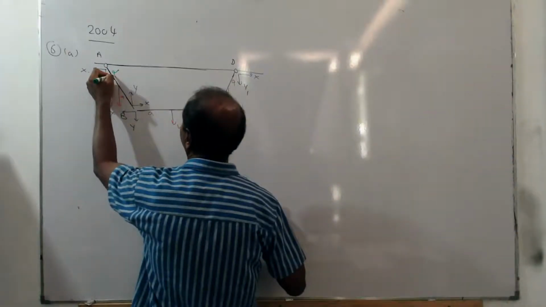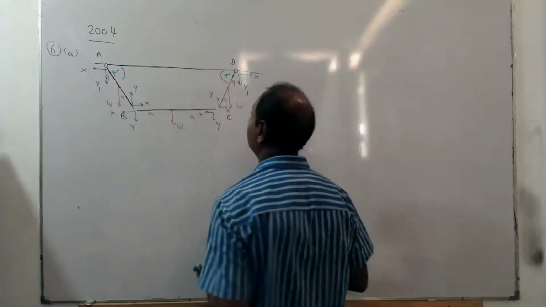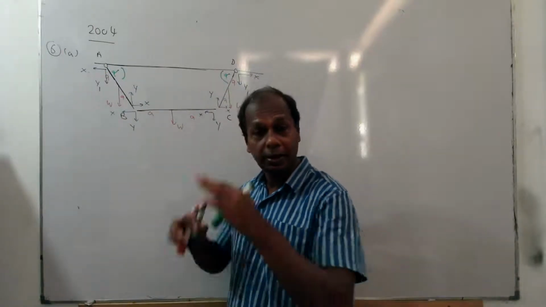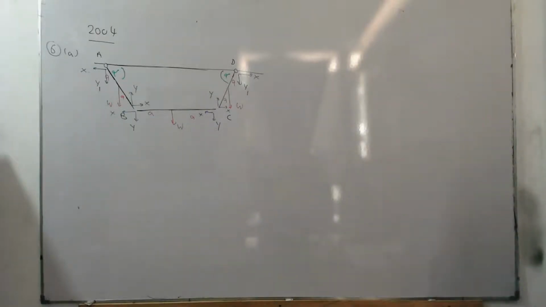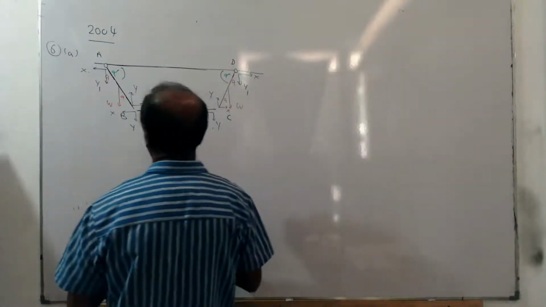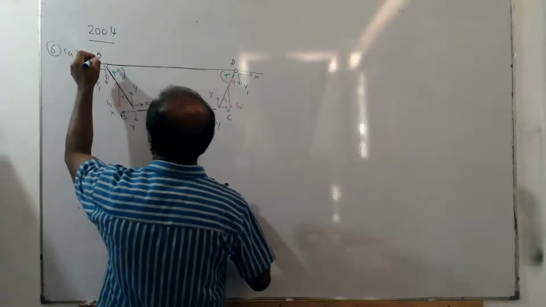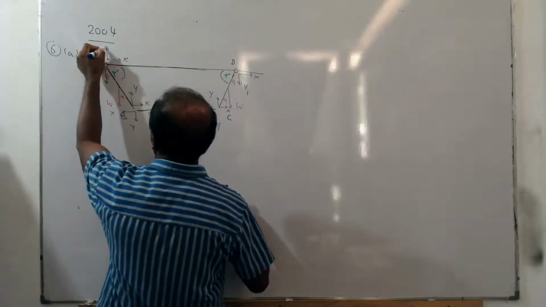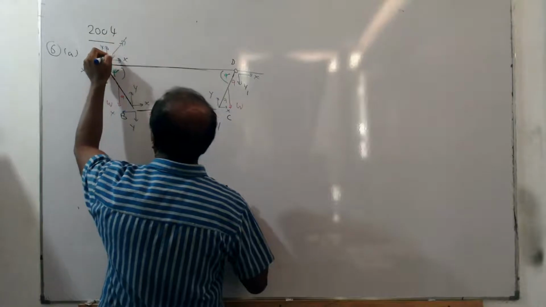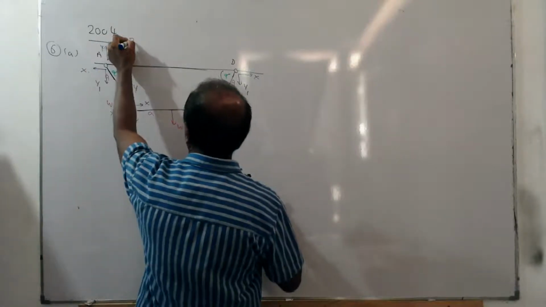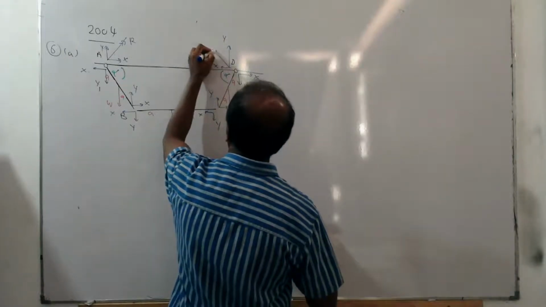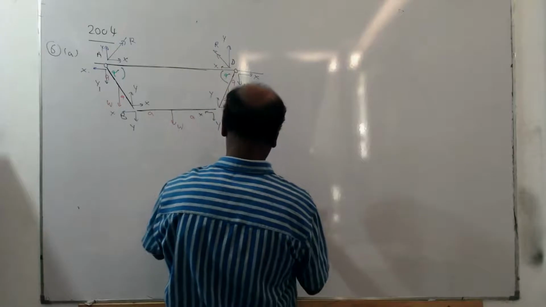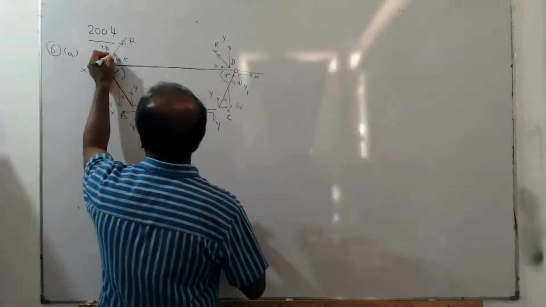This is alpha, this is alpha, and beta is the inclination of the reaction at A. This angle is beta.